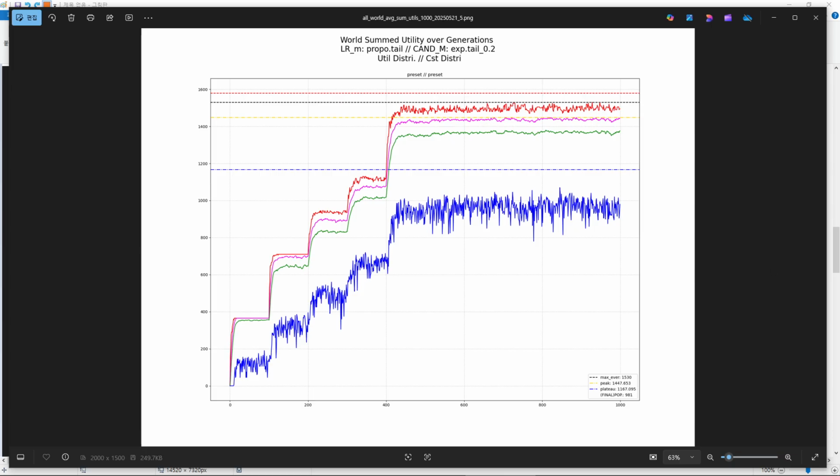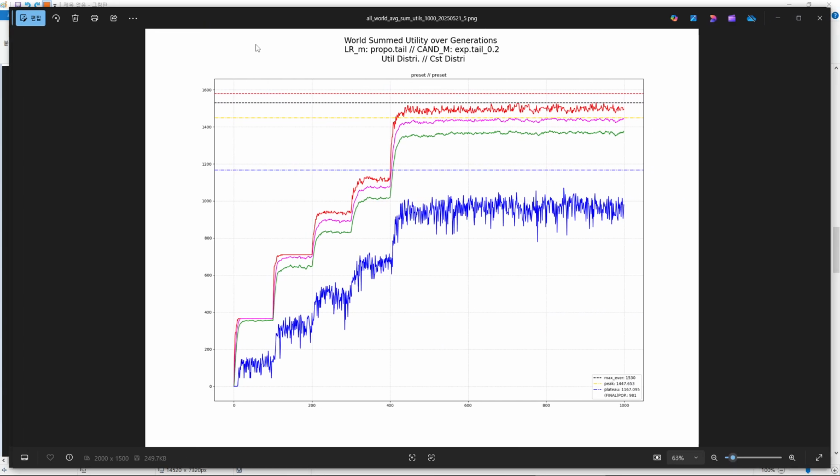And then what? So I increased the generation to 1000. Nothing else changed. I only increased the number of generations to 1000, and I still got 1530.